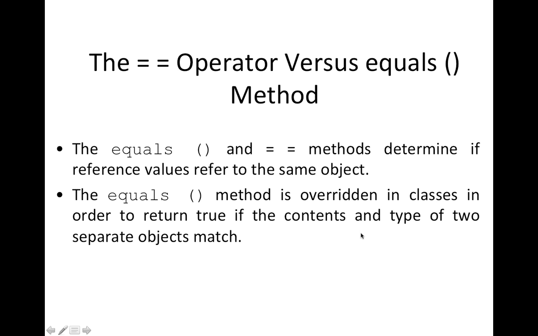Say, for example, if we have two different employees with the name Ravi Nukala, how are we going to say whether they are the same or not? Based on their employee ID, right? In the same way, we give an implementation to equals, saying if employee IDs don't match, then they are not the same person.